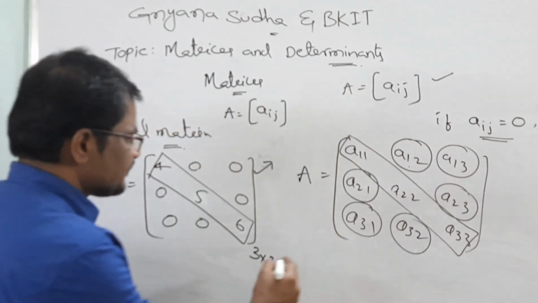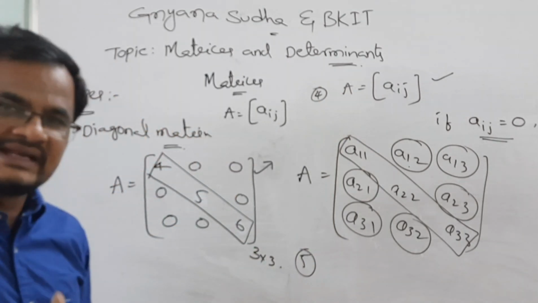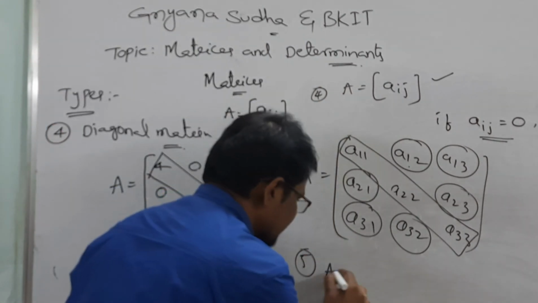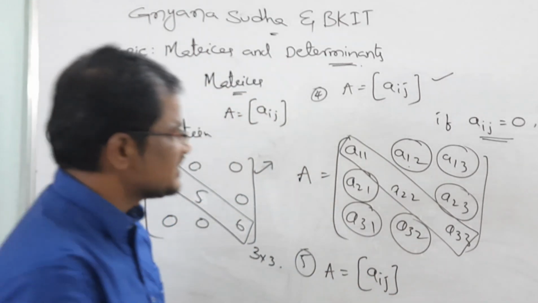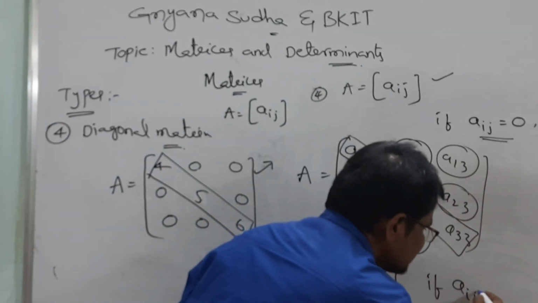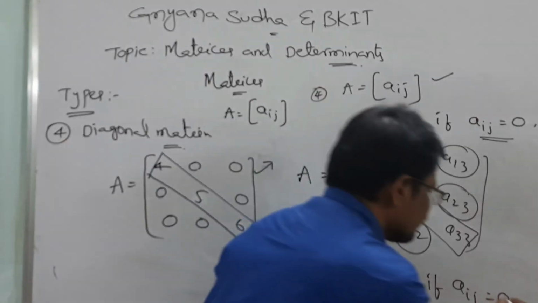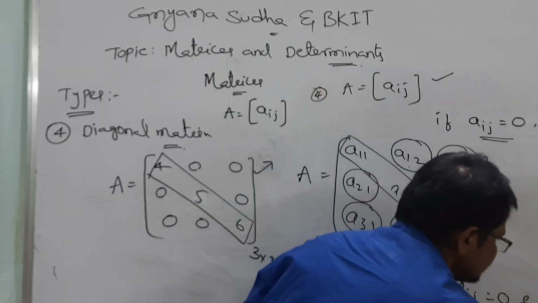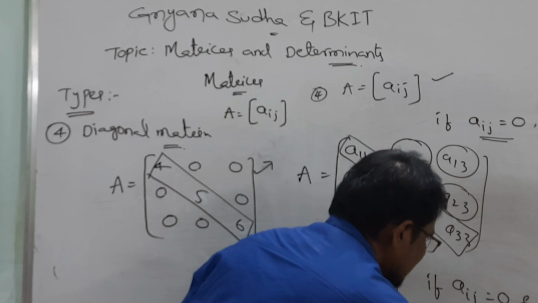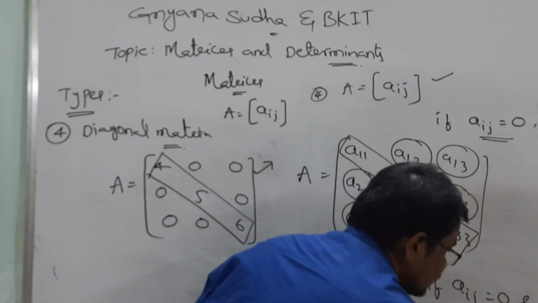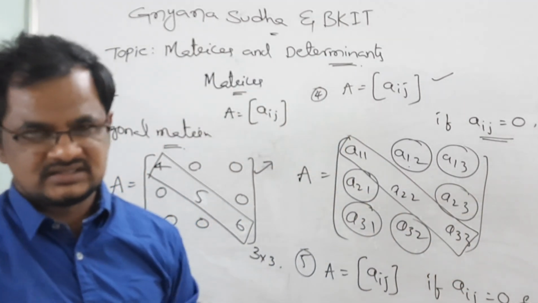And the scalar matrix, this is the fourth one. Right? Scalar matrix, how to define it in another way? A square matrix Aij is said to be a scalar matrix if Aij equal to 0 for i not equal to j, and Aij equal to k for i equal to j, where k is any constant.